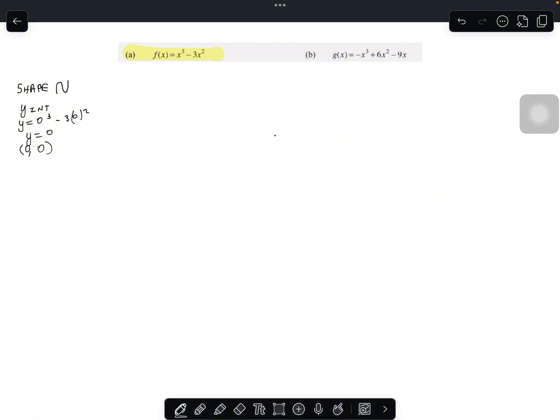The next thing we need to find now is our x-intercept. So I will put a heading here, our x-intercept. We're going to let y equal 0. So we'll have 0 equals x cubed minus 3x squared. Oh, we can actually take out x squared here as a common factor.